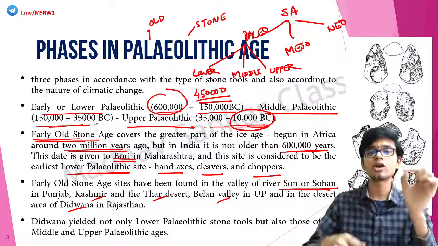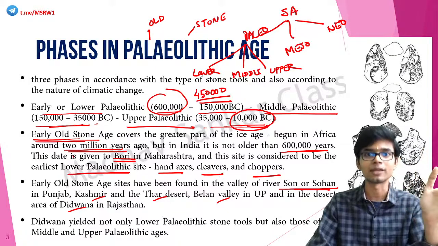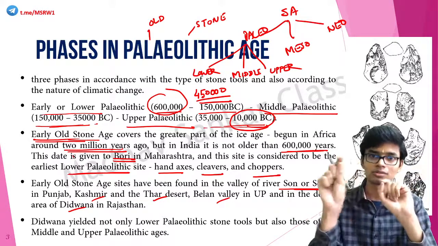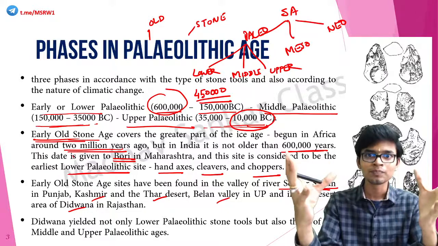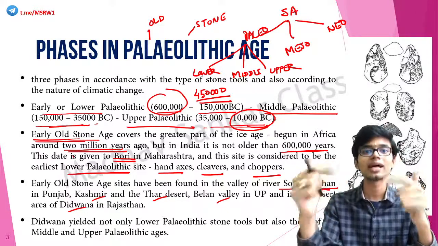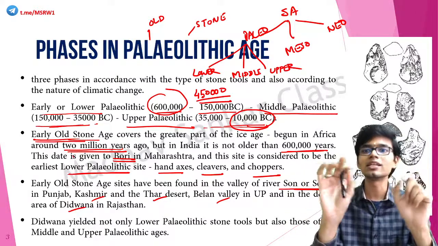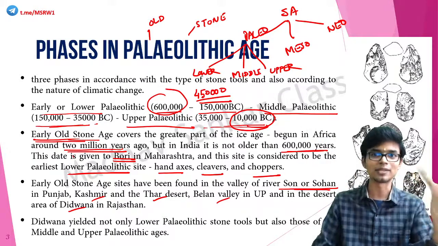And if you are a history optional student, please understand that there is a 50-mark question in mapping. Okay, so in the maps, you will be given a clue, one line or a two-line clue regarding a particular site. And that site will obviously be marked in the map, and you have to identify that site. What is the name of that site? So there also, some of the clues will be: it is a Neolithic site, and there will be a dot in some part of, say, Punjab.